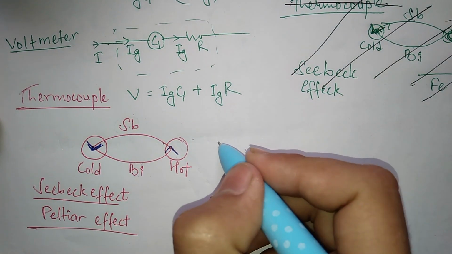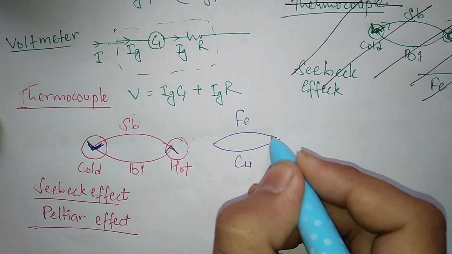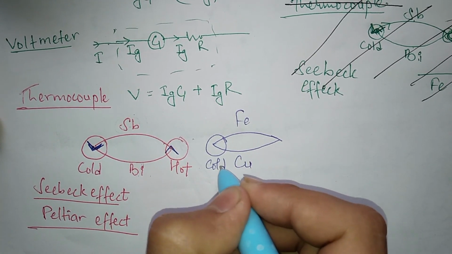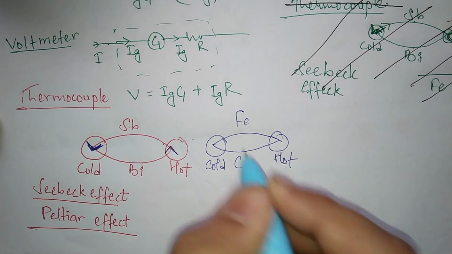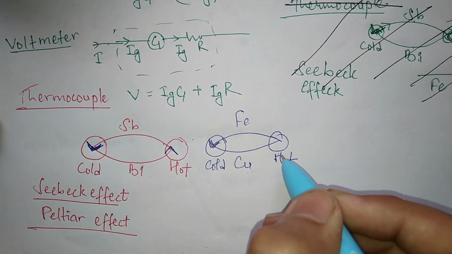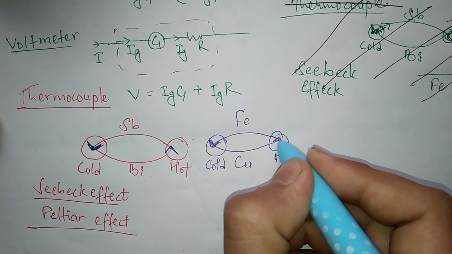Similarly, in the case of iron and copper, current will flow from iron to copper at the cold junction and copper to iron at the hot junction.